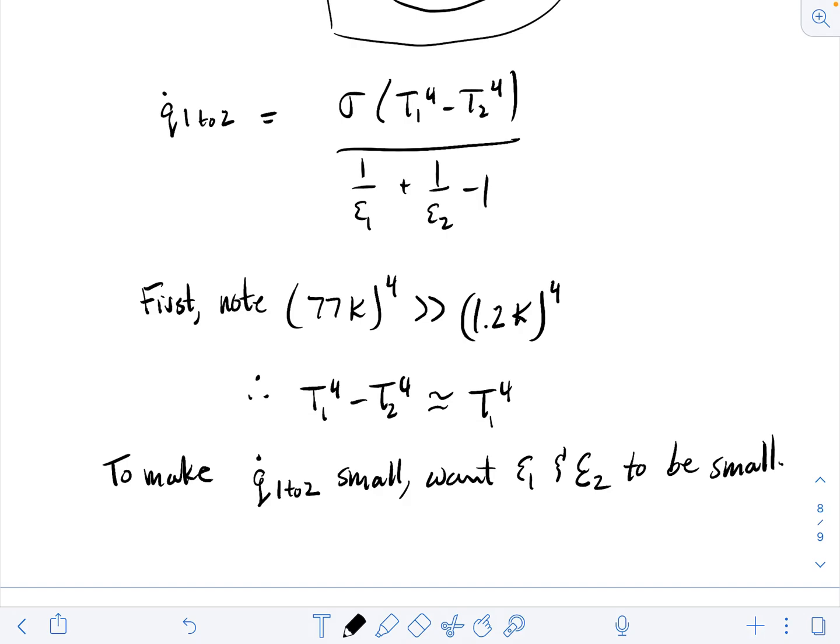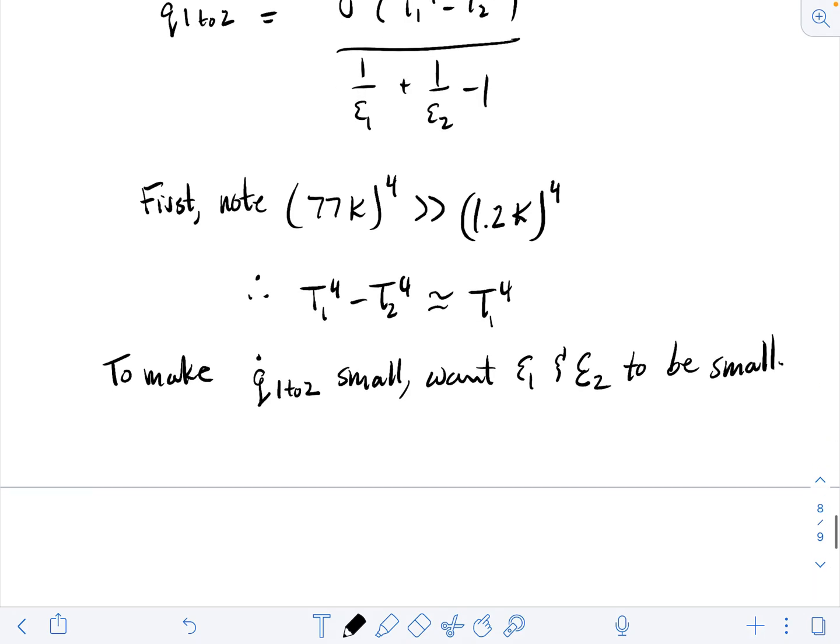And so the way you make the emissivity small is by making the absorbance small, right? Because Kirchhoff's law said that emissivity and absorbance were equal. So if you make your surfaces highly reflective, then the absorbance is very small. And so you want shiny surfaces.